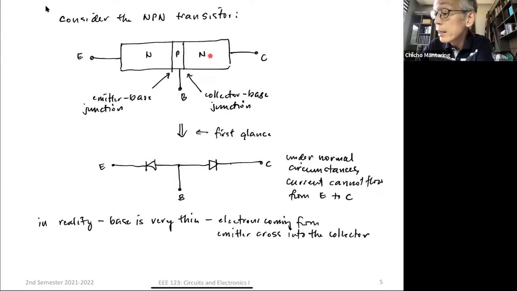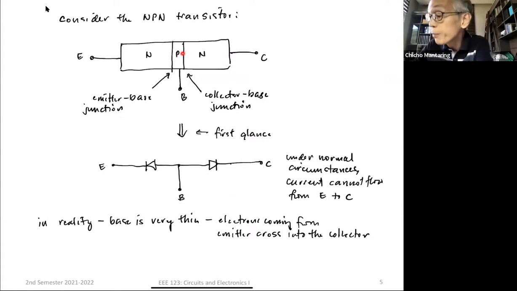Since the collector junction is reverse biased in active mode, the collector is more positive with respect to the base. And we're talking about electrons. So the electrons from the emitter are going to cross the base and see a positive voltage here, so they accelerate toward the collector. That's why you call it the collector: it collects the electrons coming from the emitter.